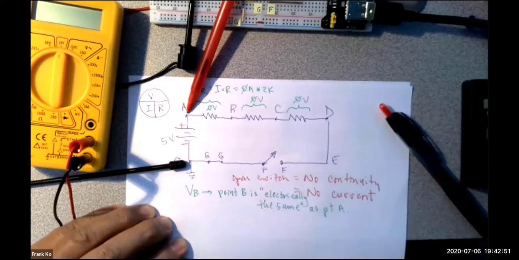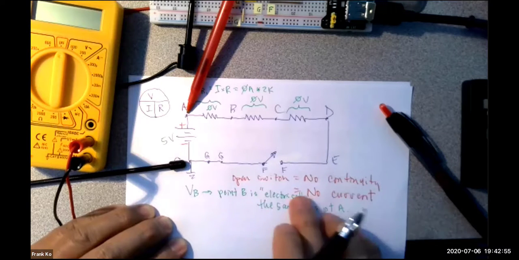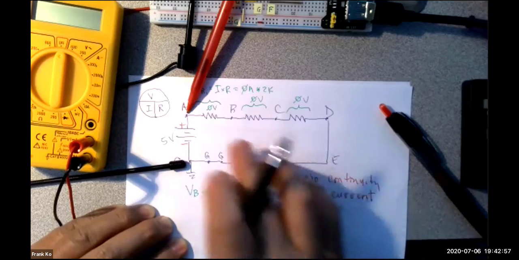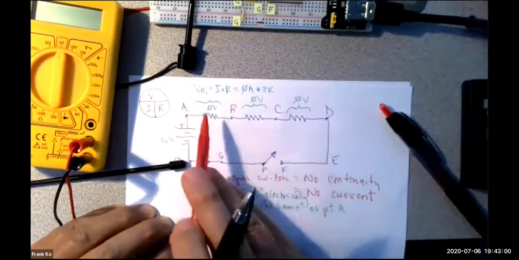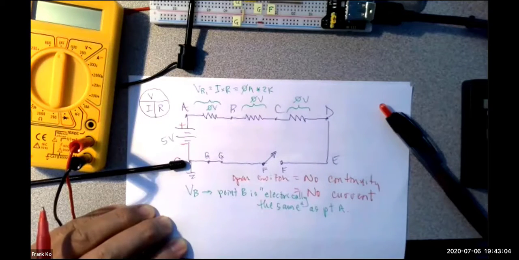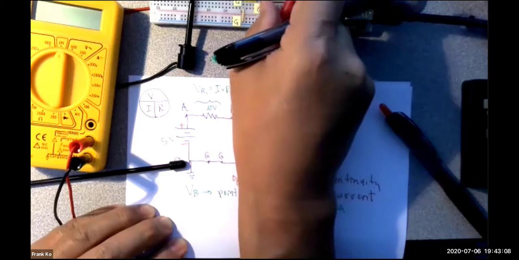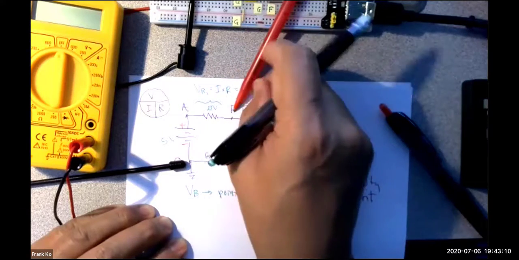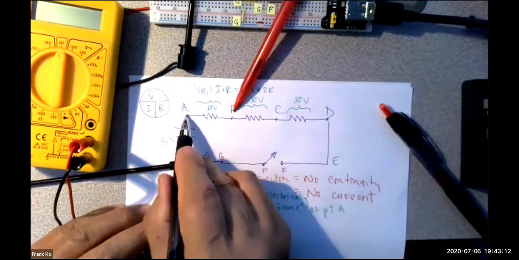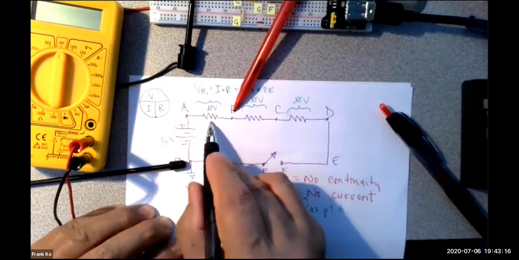This is what you would have on an open switch. On an open switch, no continuity. On an open switch, no current. If there is no current, then there's got to be 0 volts, 0 volts, and 0 volts across each of those. So I'm at point B, and I said that point B is physically connected to point A through a resistor, but there is no voltage dropped across this.